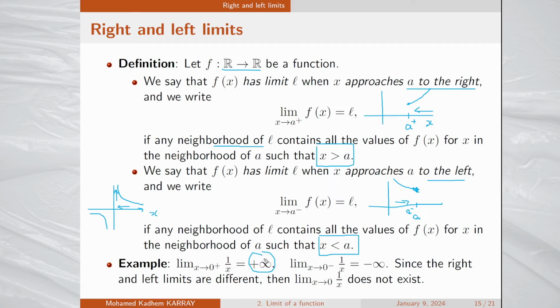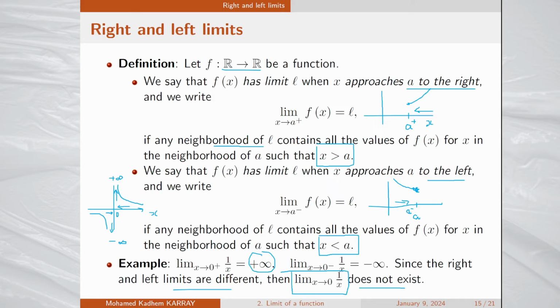On the other hand, when x approaches 0 to the left, f of x goes to minus infinity this time. So the right-hand side limit is plus infinity, whereas the left-hand side limit is minus infinity. And since the right and left limits are different, the limit of 1 over x when x goes to 0 does not exist.